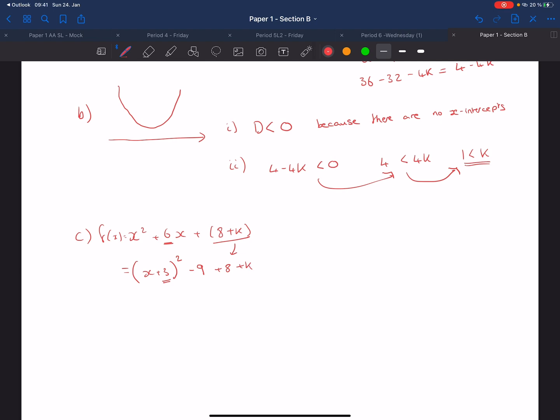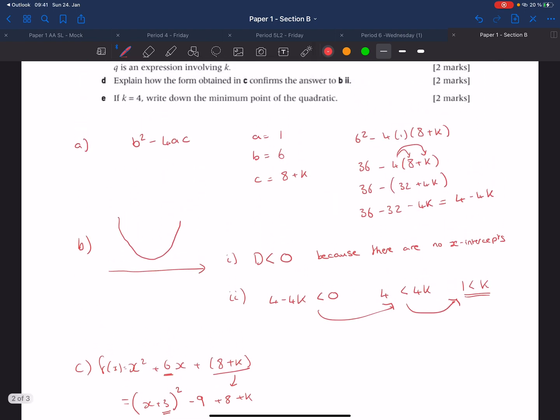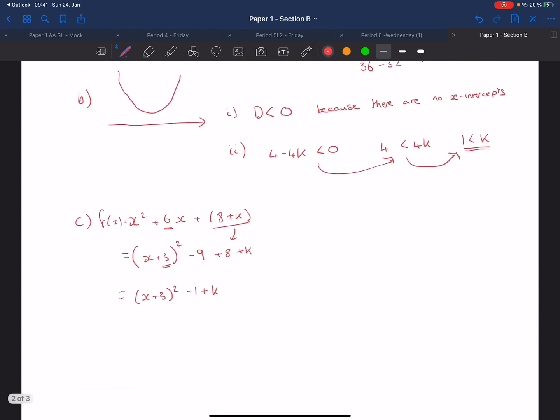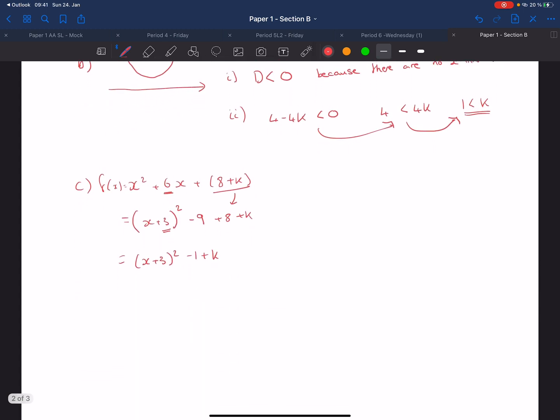I can tidy that up a little bit. So I'll have x plus 3 squared minus 9 plus 8 is like minus 1 plus k. It's asking for q as one single thing though, so we could just say q is equal to minus 1 plus k, and our p is equal to 3.